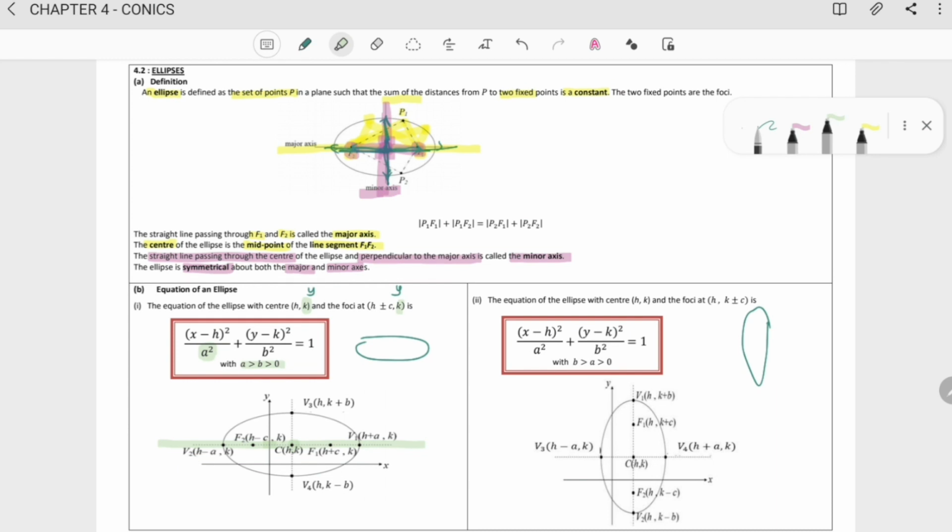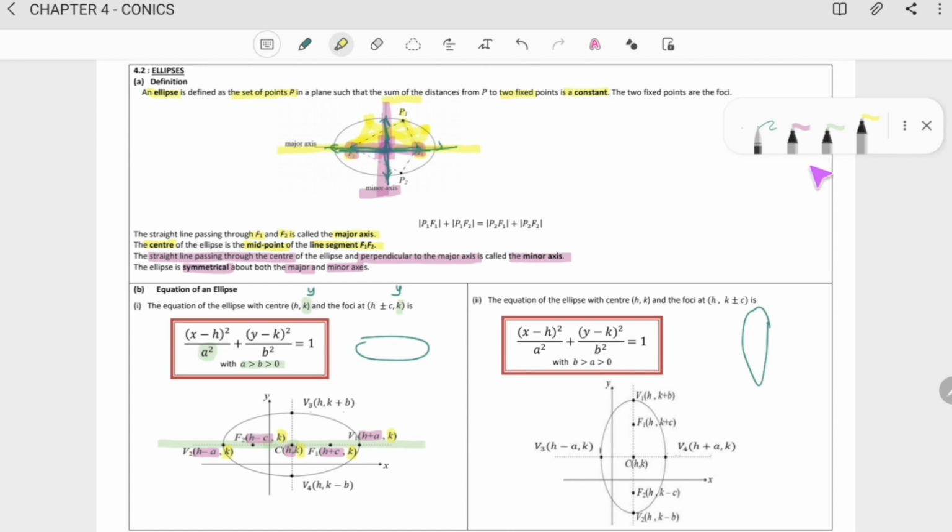The X coordinate has different values: H minus A, H minus C, H for the center, H plus C, H plus A. But the value of K is constant. So we know it is the horizontal shape.